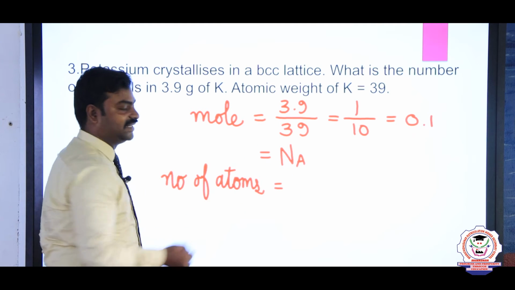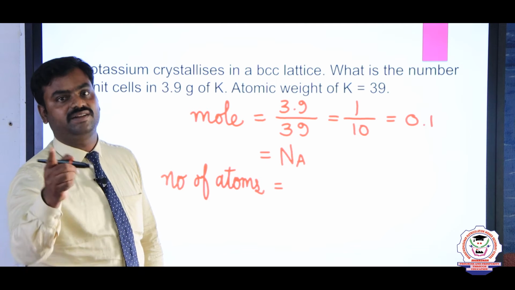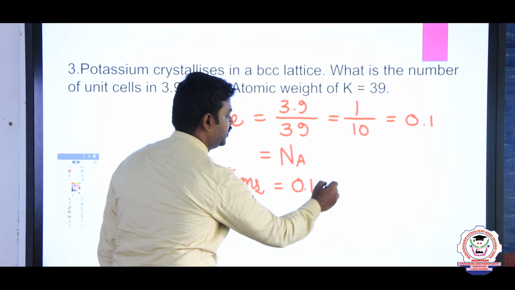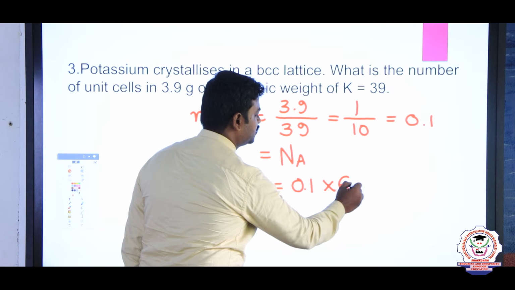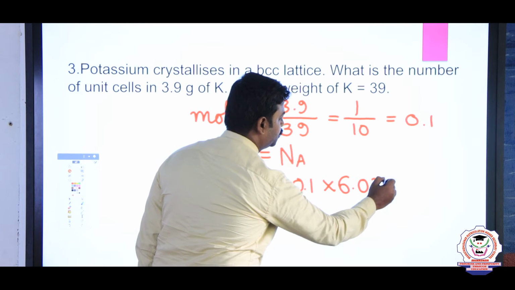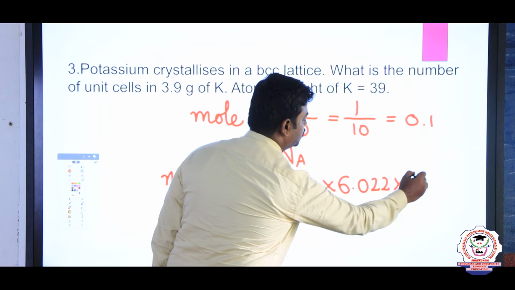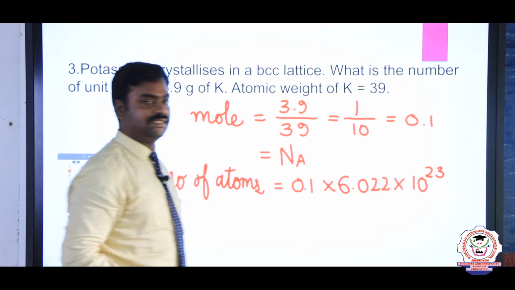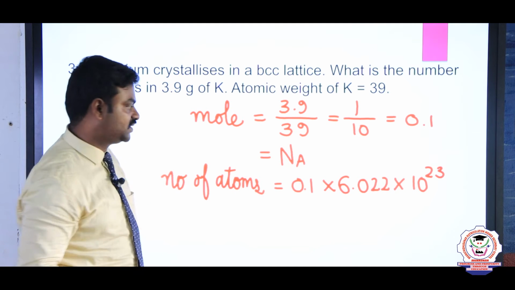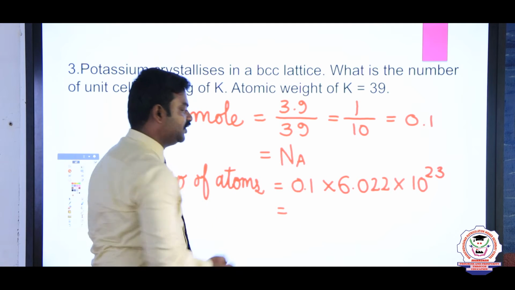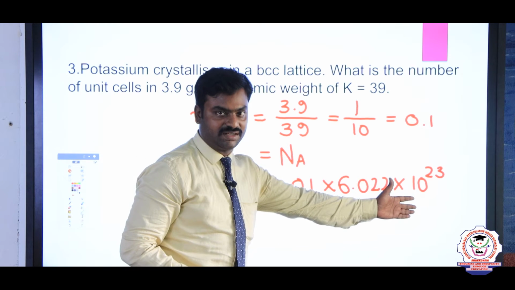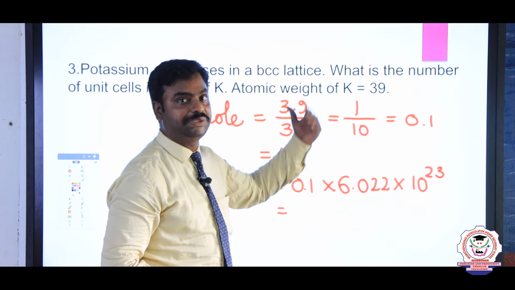Number of atoms is equal to number of moles into Avogadro number, that is 0.1 into 6.022 into 10 power 23. 0.1 means 10 power minus 1, and 10 power minus 1 and 10 power 23 gives 10 power 22.